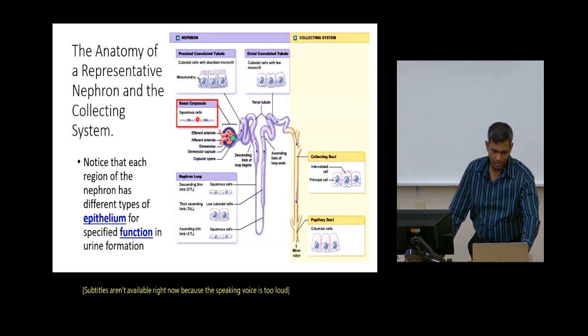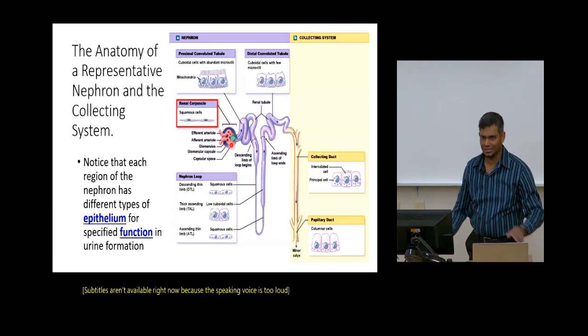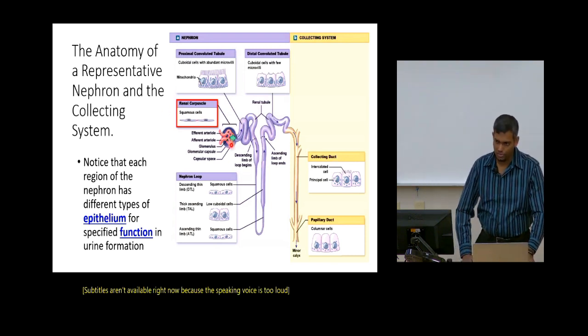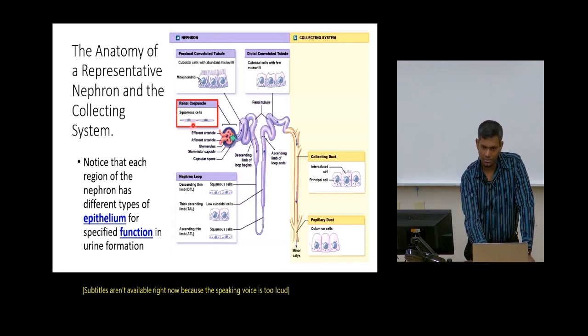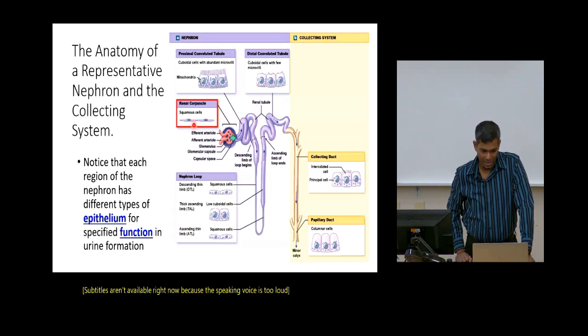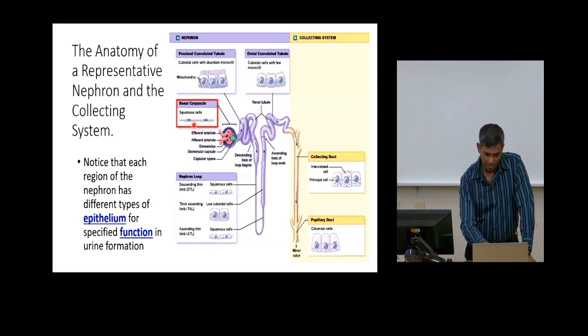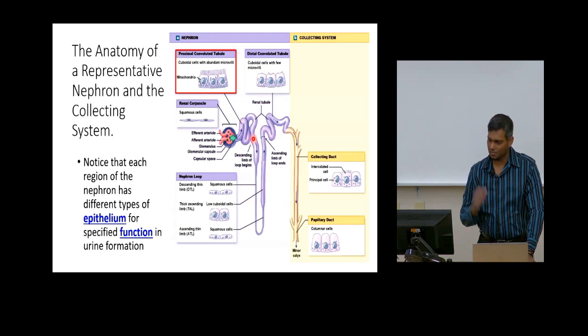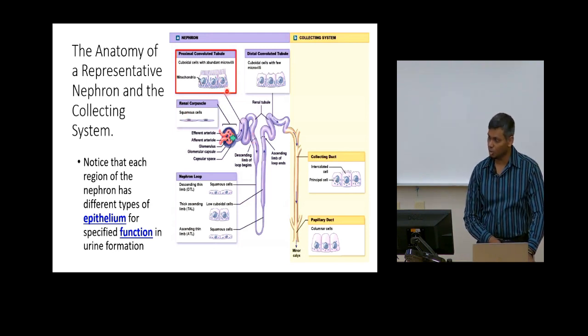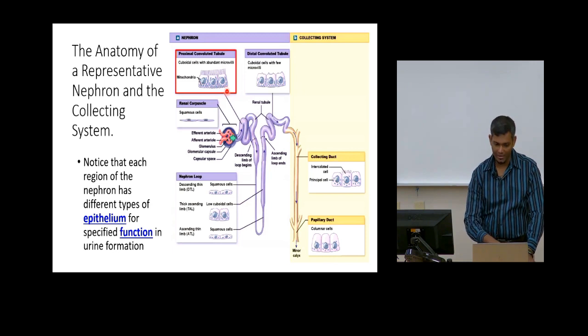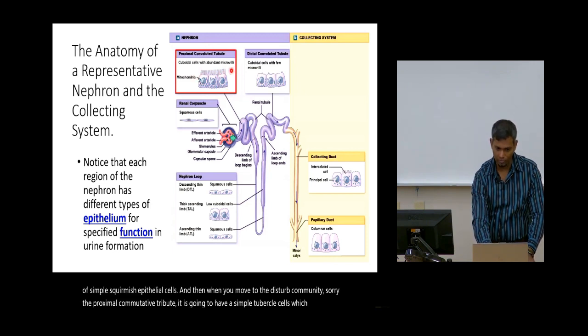So in the renal corpuscle, notice that that thin sheath which was surrounding the tuft of capillaries is made up of simple squamous epithelial cells, right? So this glomerular capsule is made up of simple squamous epithelial cells. And then when you move to the proximal convoluted tubule, it is going to have simple cuboidal cells which have extensive microvilli.